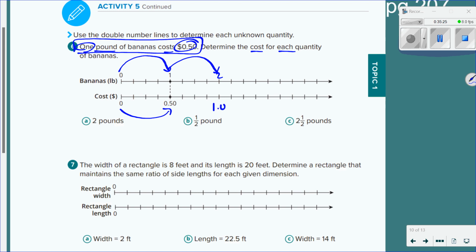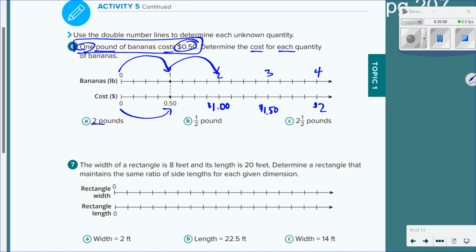Every 4 on the bottom is going up by 50 cents. So then I go up by 4, go up by 50 cents, go 4 more up, go to 1 and 2. Once you have your double number line set up, this is where it's really nice to have a double number line because it's easy to visualize in between intervals.